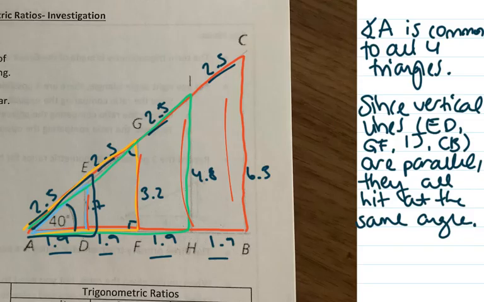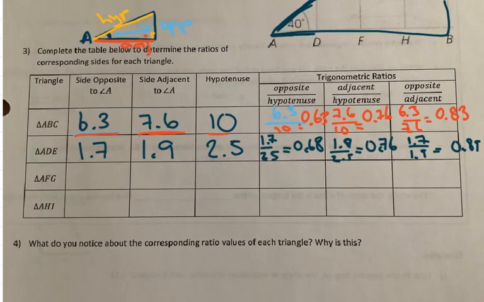Okay, triangle AFG, the next one here. So the side opposite to A would be GF, was 3.2. The side adjacent to A was 1.9 plus 1.9, which is 3.8. And the hypotenuse is 2.5 plus 2.5, which is 5.